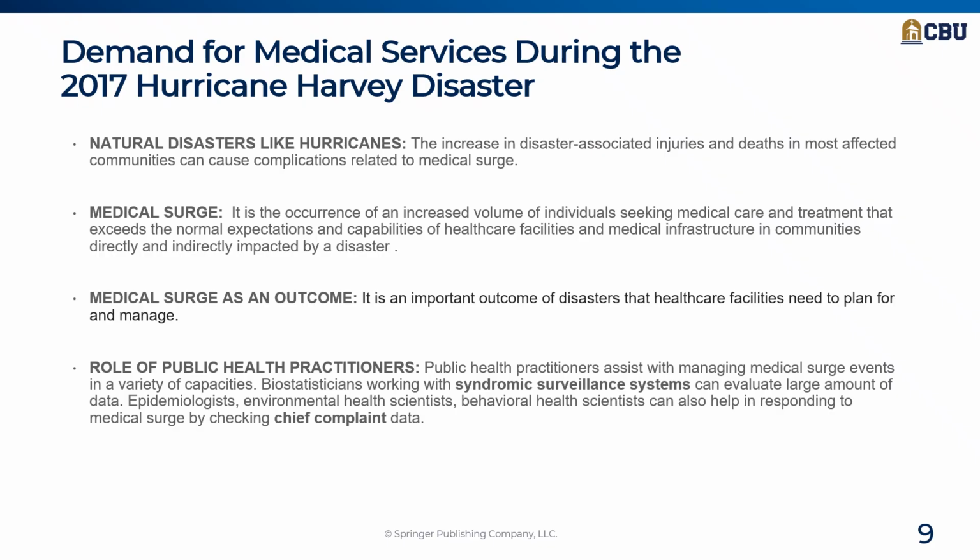Environmental and behavioral health professionals identify environmental risks and anticipate short and long-term mental health needs. Medical surge isn't just a clinical issue, it's a systems-wide public health challenge. It requires data, planning, and interdisciplinary coordination before the disaster strikes, as well as during the actual disaster.